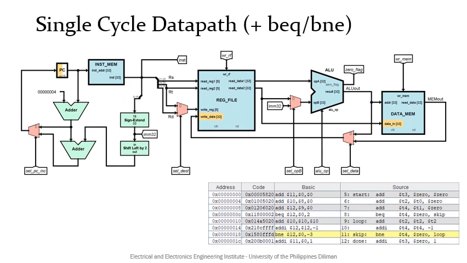In this example, we consider a BNE instruction at address 0x18 that compares registers 12 and 0 and points to the label loop. The instruction offset encoded is negative 3, or 0xFFFD. The immediate negative 3 is sign extended and shifted to the left by 2, or multiplied by 4, to get negative 12.